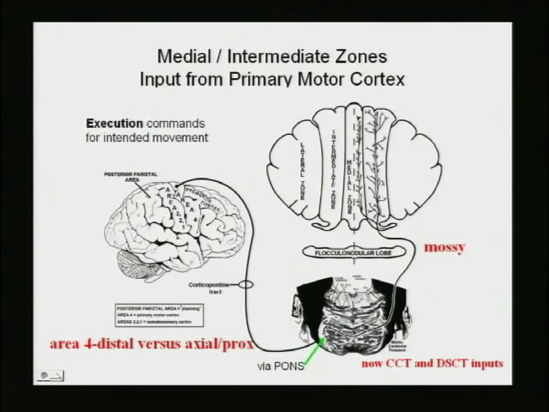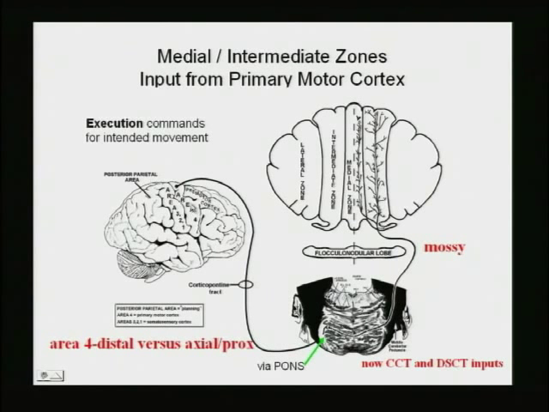But remember, once it gets into the basilar pontine gray, depending upon where it's coming from, if it's coming from distal neurons controlling distal muscles, it's going to go into certain cells here that are going to go to the intermediate zone. If it's coming from certain cells here involved in controlling axial or proximal muscles, it's going to come into a different pontine gray cell, and then cross, go up through the middle cerebellar peduncle, and this is going to go into the medial zone.